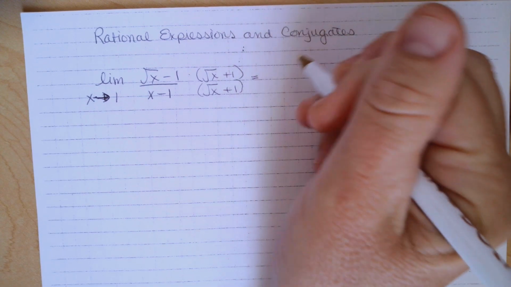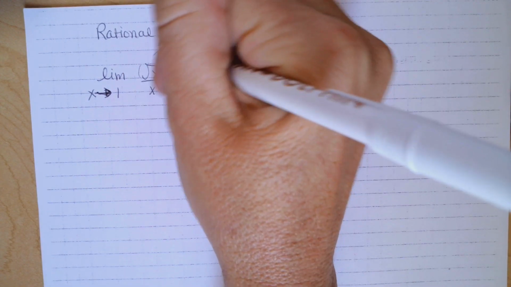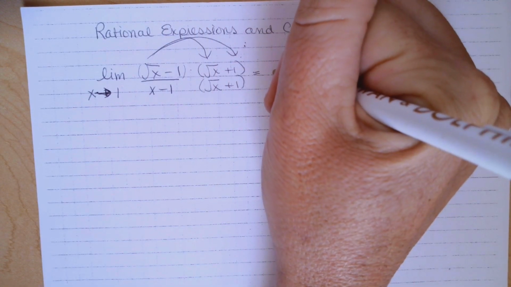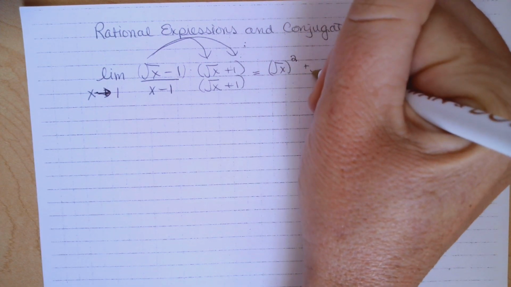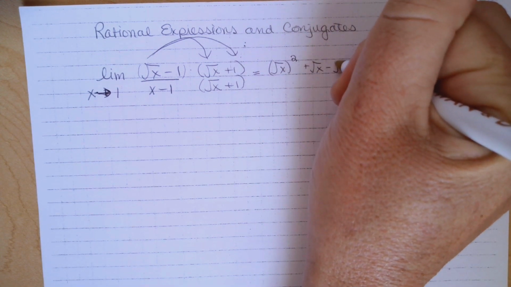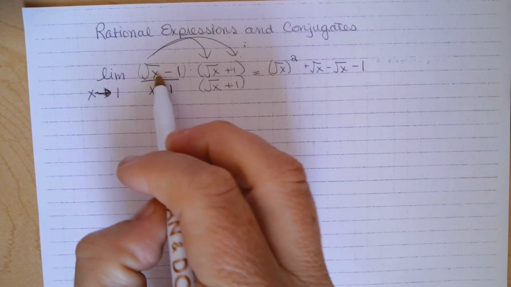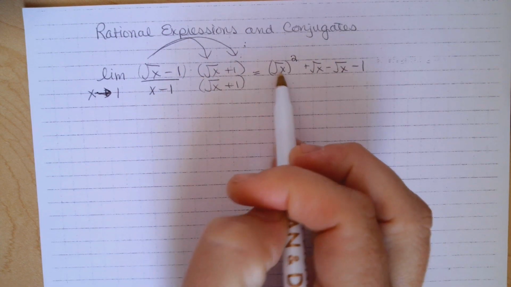And when we do that, on the top, let's go ahead and FOIL the top. We get square root of x squared plus square root of x minus square root of x minus 1. Right? Square root of x times square root of x is square root of x squared.